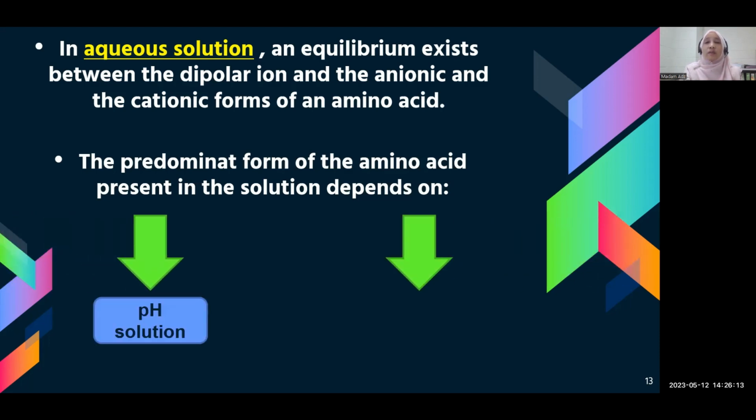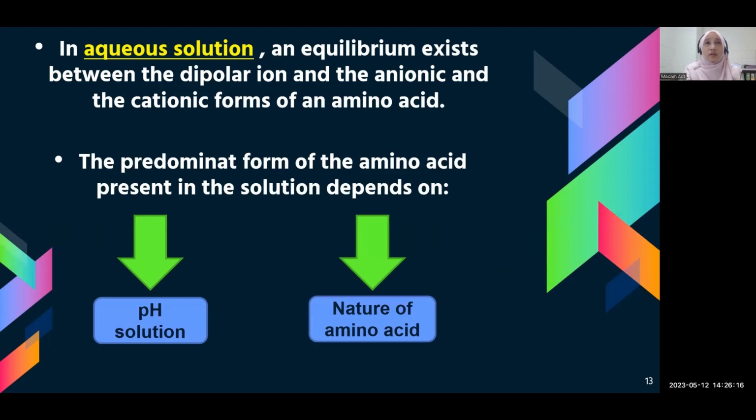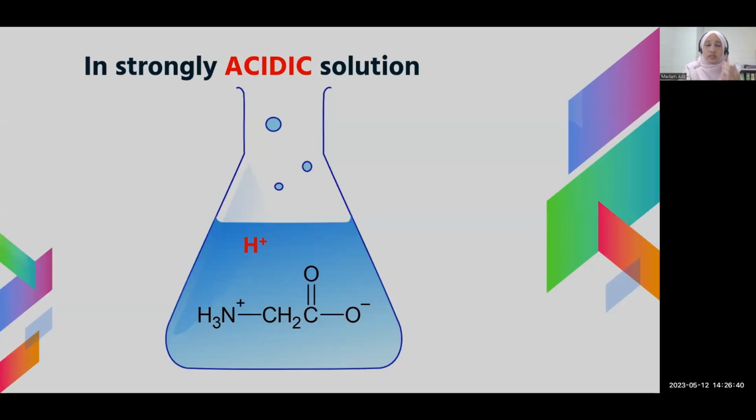Dan satu lagi daripada nature of the amino acid sebab ada amino acid yang ada dua carboxyl group, ada yang ada dua amino group. Jadi dalam case ini kita fokus kepada pH solution saja sebab soalan minta kita dalam acidic medium dan juga dalam basic medium. So definitely the pH will be different. So kita kena expect what is the structure of amino acid dalam low pH dan juga dalam high pH.